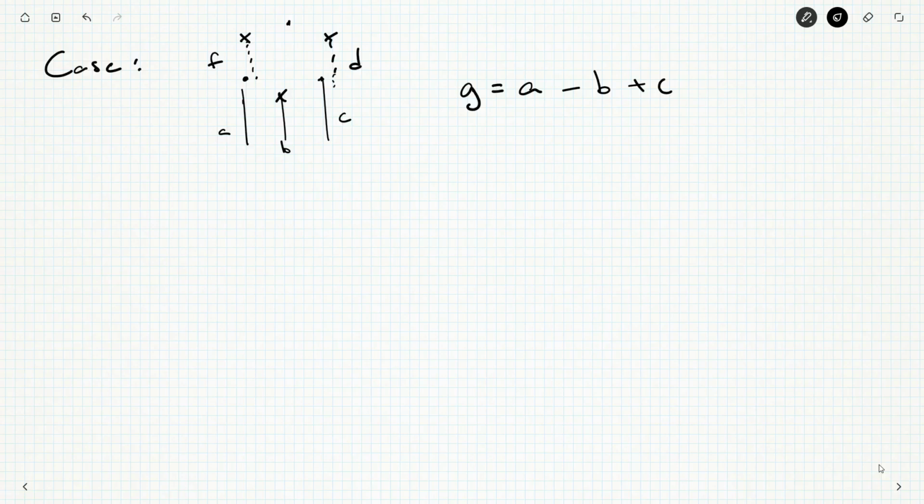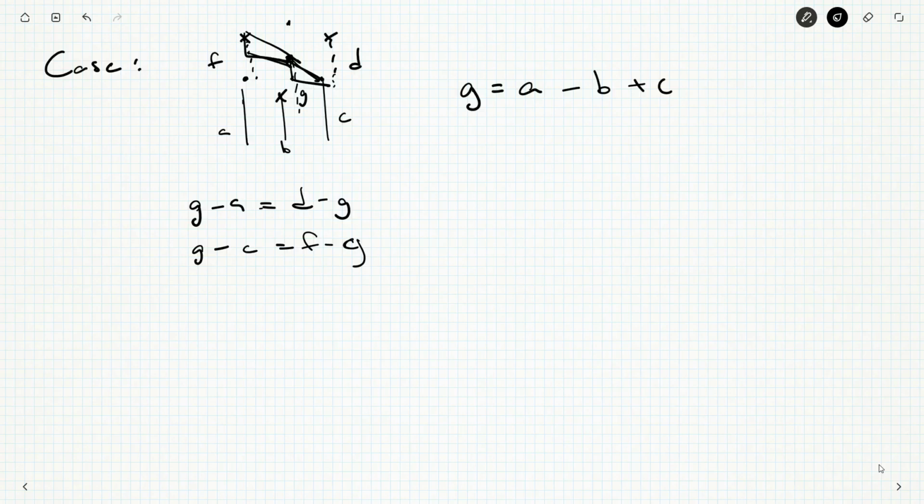Well, G minus A is the same as D minus G. And G minus C is the same as F minus G. Again, just doing some parallelogram work, or sort of straight line trapezoids, I guess. Yeah, same difference there.